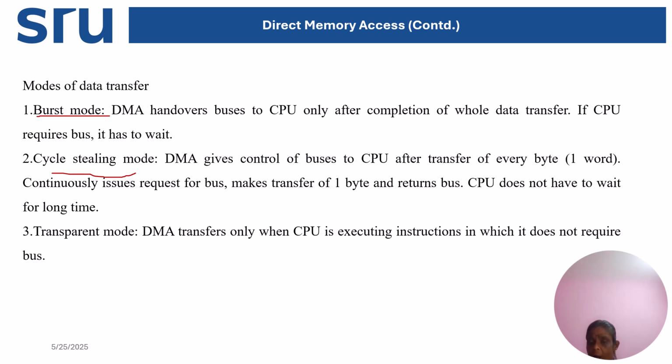In between, in one or two cases, suppose it does not want the buses, then only will the buses be taken by the DMA for transferring the data. That is transparent mode. So it will take the bus whenever it is not used by the CPU, otherwise it will not be given to the DMA transfer.